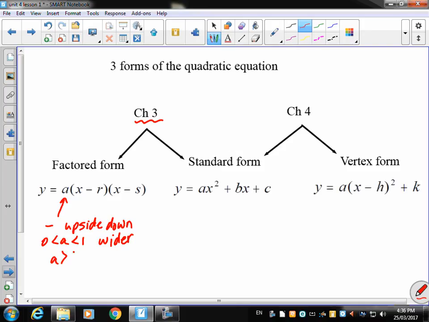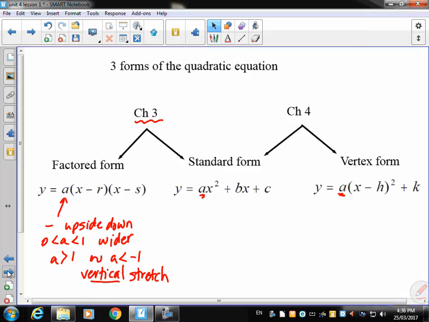If A is greater than 1, or if A is less than negative 1, so negative 10 for instance, our parabola will be skinnier or stretched. It's a vertical stretch. The A value in all three forms does the very same thing.